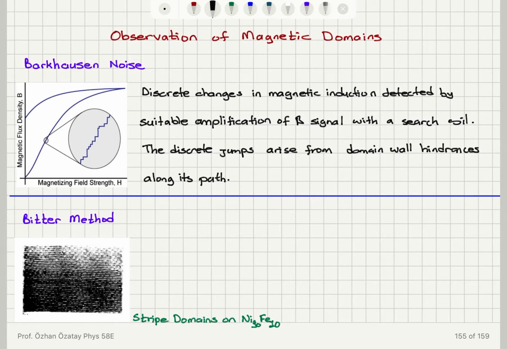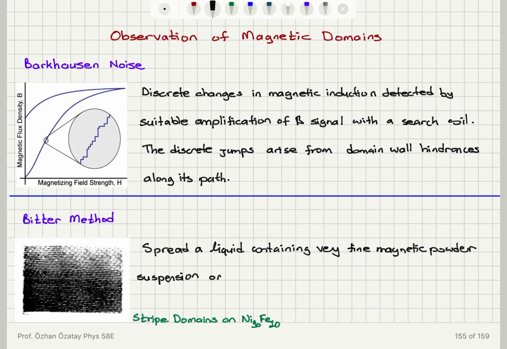So Bitter method is: spread a liquid containing very fine magnetic powder suspension on an electropolished magnetic surface.